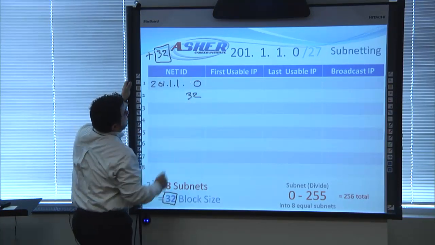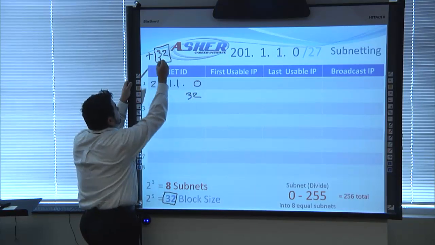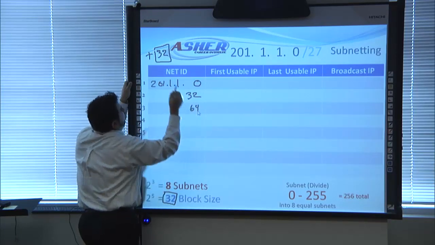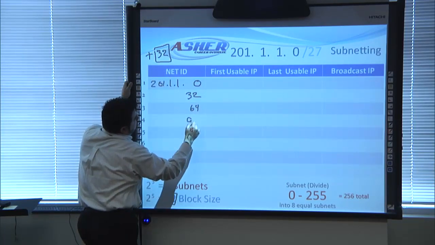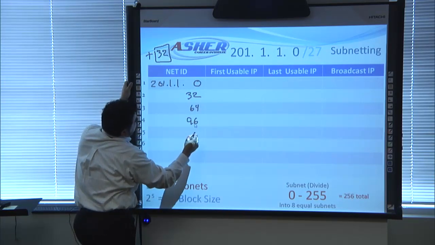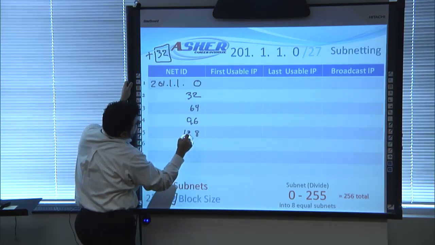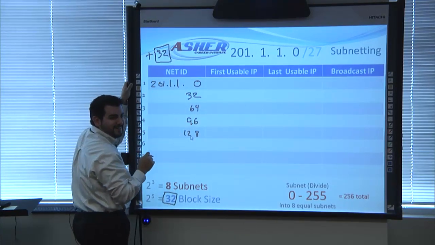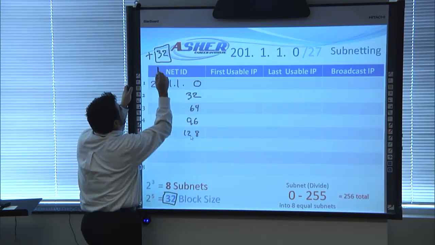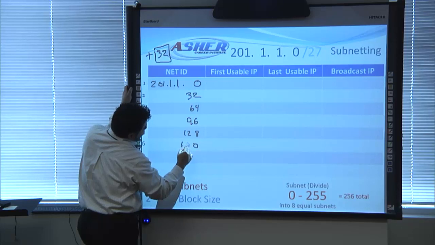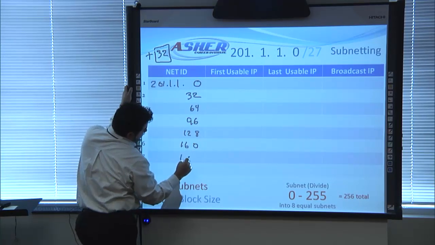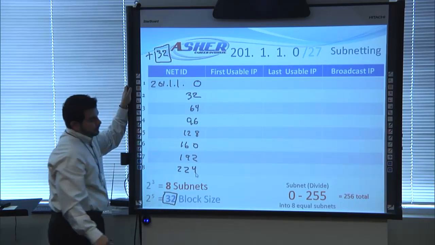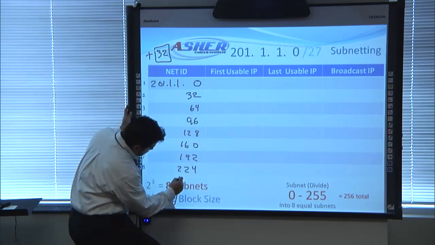All right, so now that we've kind of got it started, we can keep going. So 0 plus the button gave me 32. 32 plus the button gave me 64, plus the button gave me 96, plus the button gave me 128. 128 plus 32 gives me 160, plus the button gives me 192, plus the button gives me 224, plus the button gives me 256.